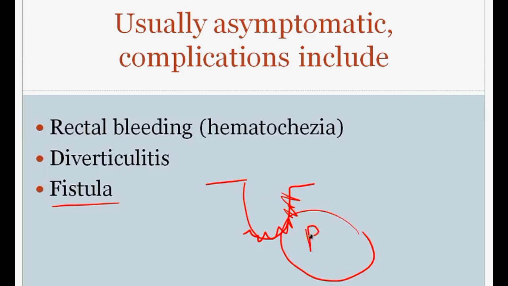For example, in this case, let's make this the bladder. So the classic type of fistula that you often can see on an examination would be something called a colovesicular fistula, where you get a diverticulum that is plugged into, for example, the bladder. Now, the way by which this would present is that you would have air or stool in the urine.